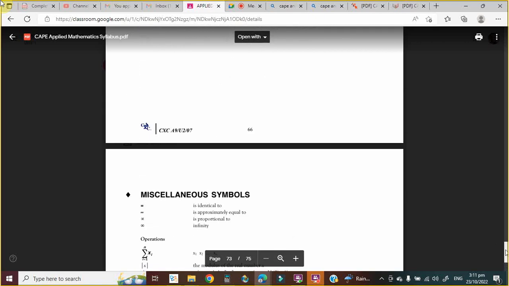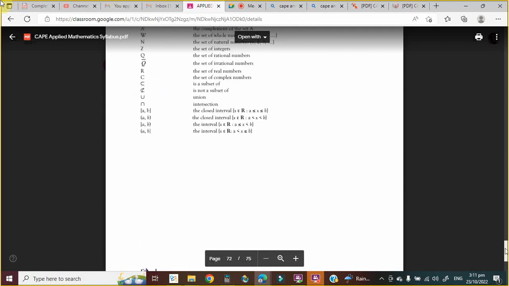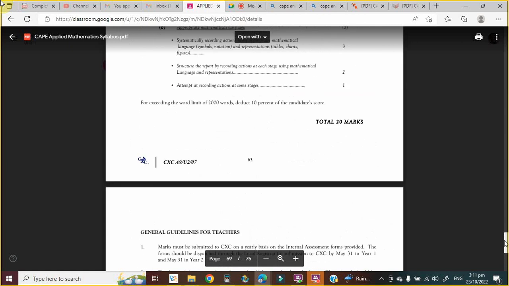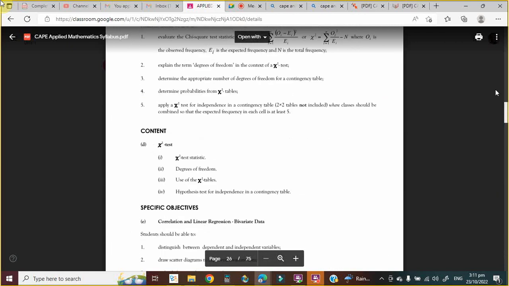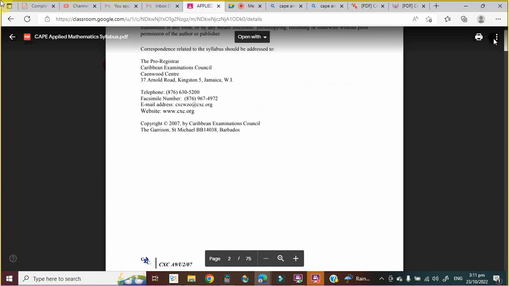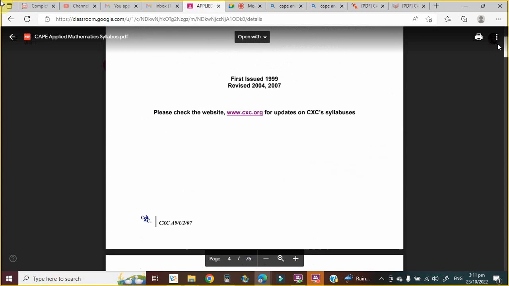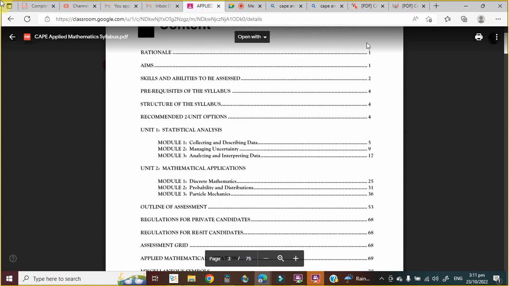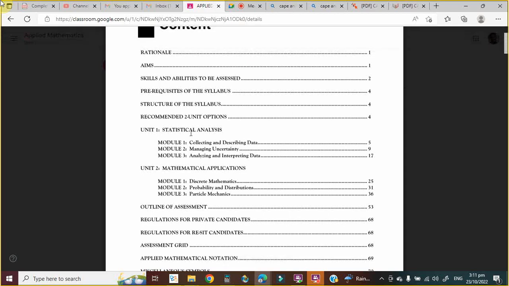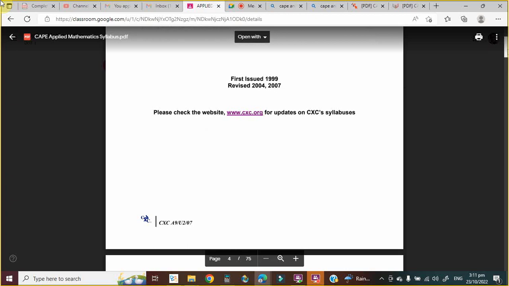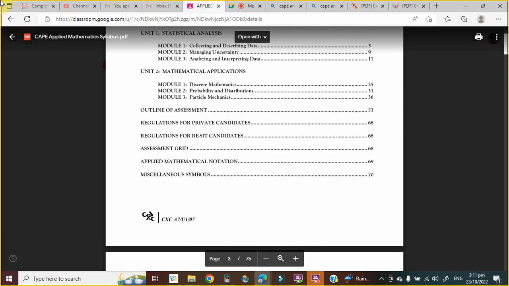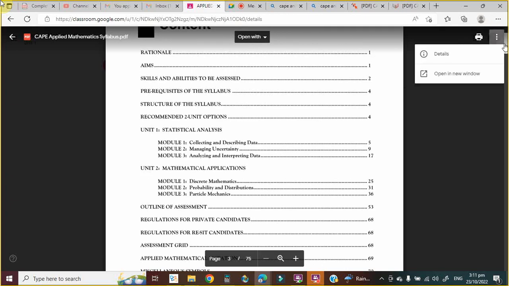Where do we find the formula sheet again? Can't we look at the table of contents? Skills, aims, structural syllabus, outline, miscellaneous symbols.